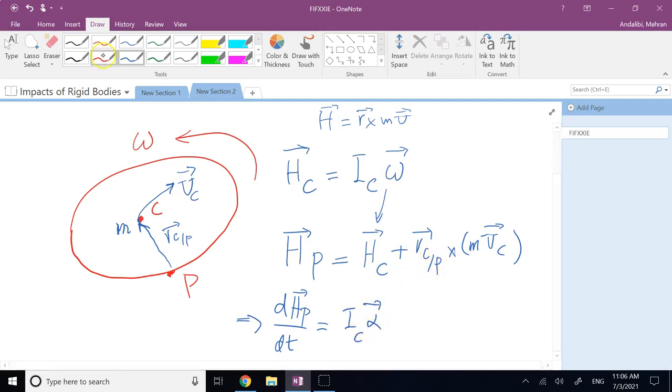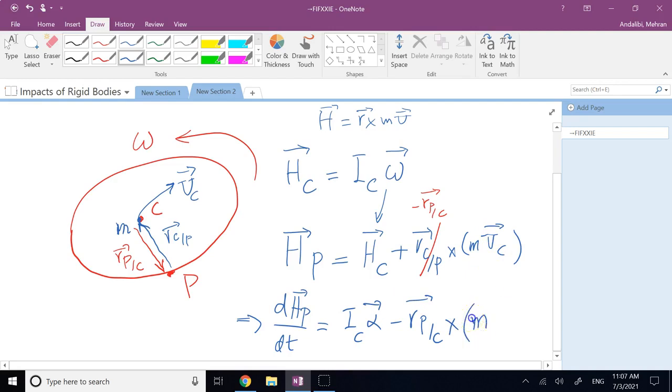And then instead of r of C with respect to P, I want to use the opposite of that vector, which is r of P with respect to C. So it is going to be minus r of P with respect to C, cross m v_C, and if m is constant, m dv_C/dt is m times a of C. Correct?